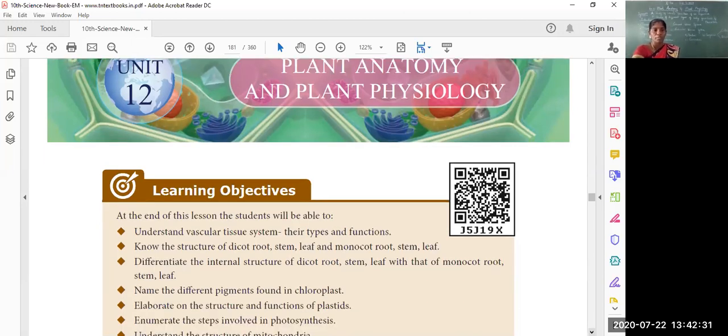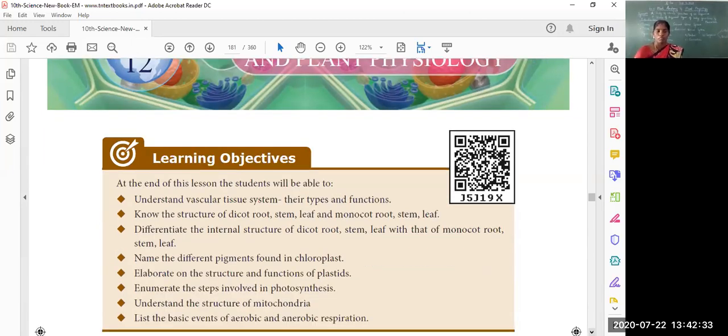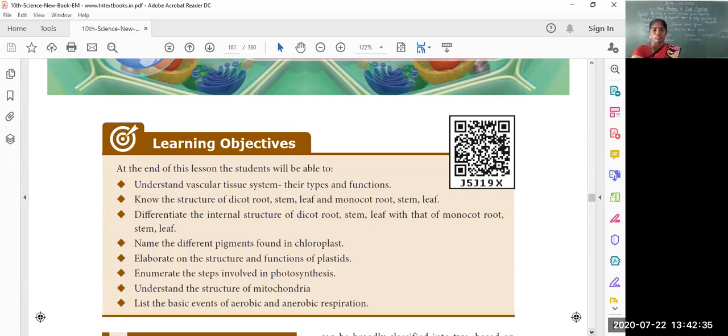What are the objectives present in this lesson? You may understand the vascular tissue system and their types and functions. To know the structure of dicot root, stem, leaf and monocot root, stem, leaf.